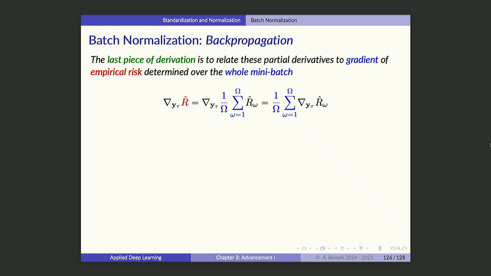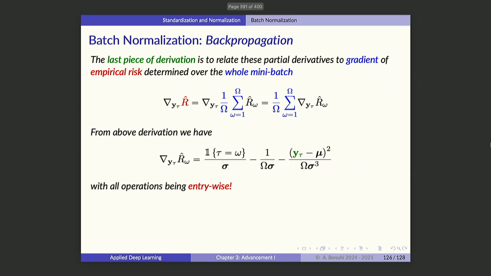You can write it in this compact form of what we did on the other slides: the derivative of the loss with respect to one particular y is whatever derivative you had before times this expression. Here is the indicator function, because this expression only shows up when omega and tau, the index, are exactly the same. If they are not the same, it's 0. The rest are the same.